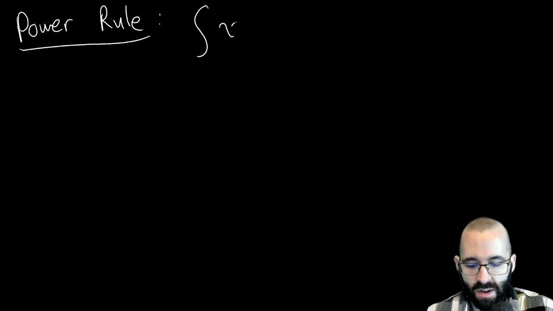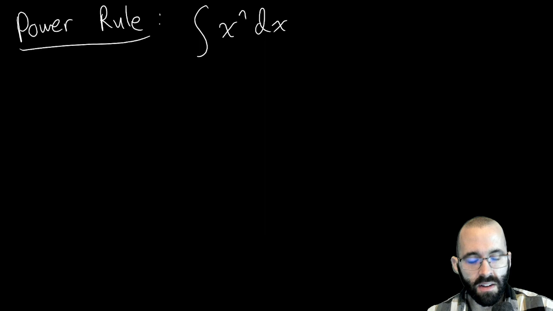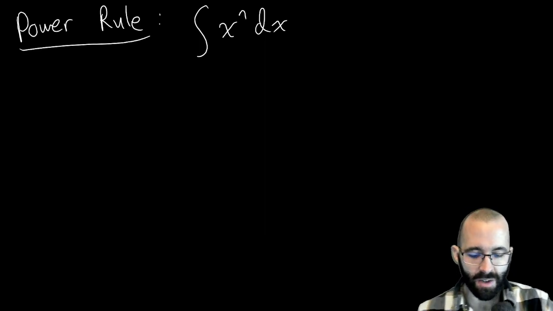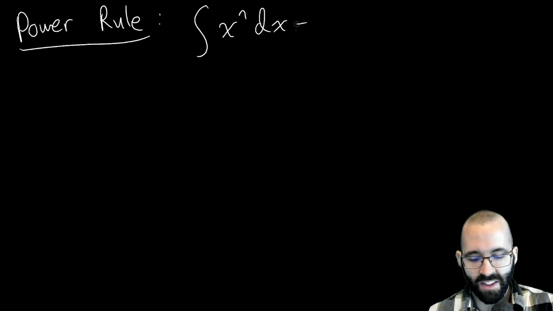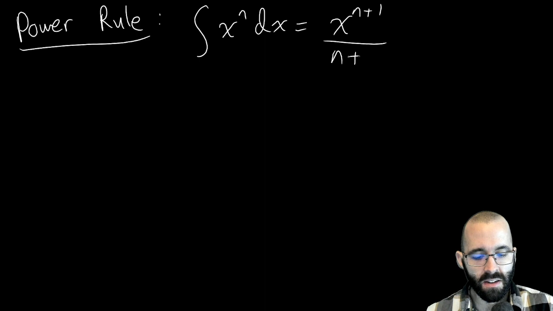So, power rule. That's the one we'll cover explicitly today, but we'll use all of them. The antiderivative of x to the n, where n is, well, I'll talk about what n is soon, is equal to, if we add an exponent and then divide.